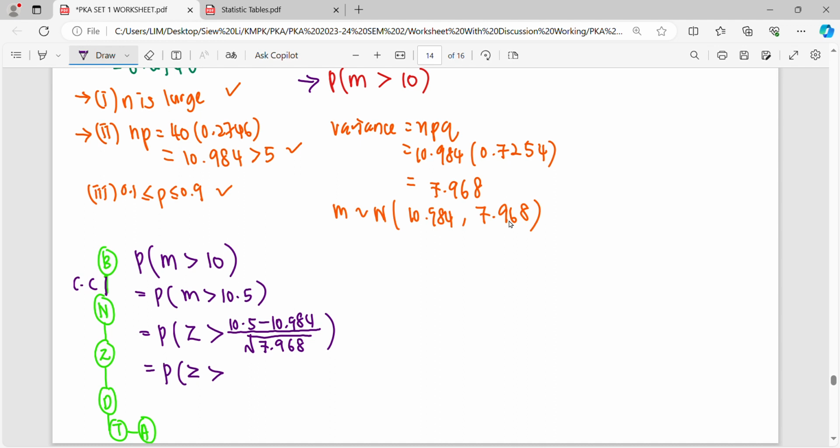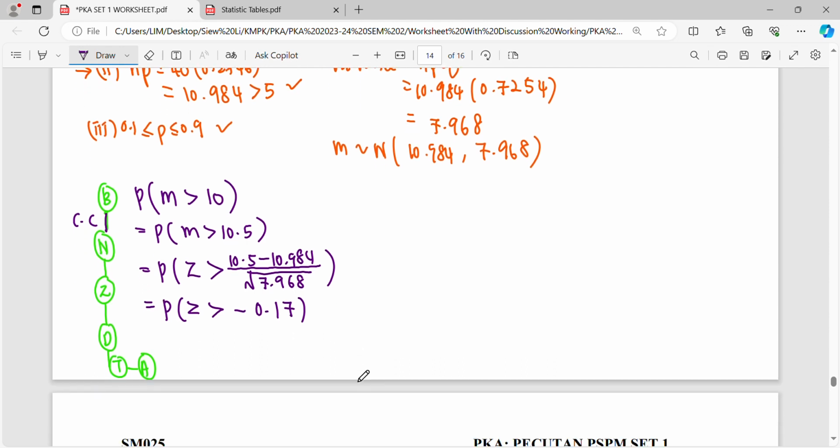So what's your z-score? Negative 0.17. That's why just now I asked you to get the mean and variance to more decimals, so that when we calculate the z-score and round it off to 2 decimals, there is no rounding error. Otherwise I do 17, you do 18, another person does 16, and the reading will be different, so it is no longer accurate. So keep more decimals before you come to the final answer.